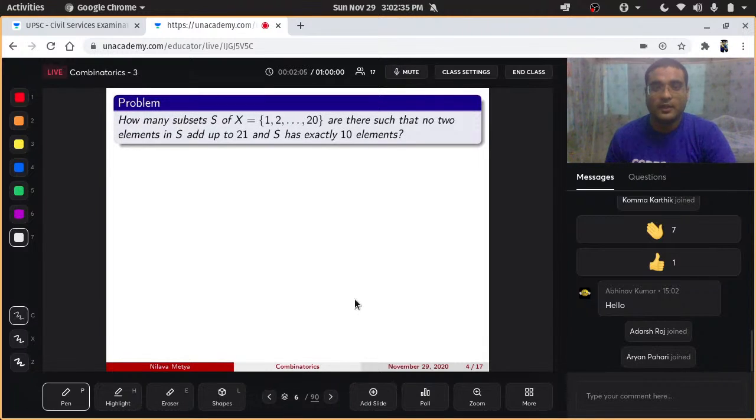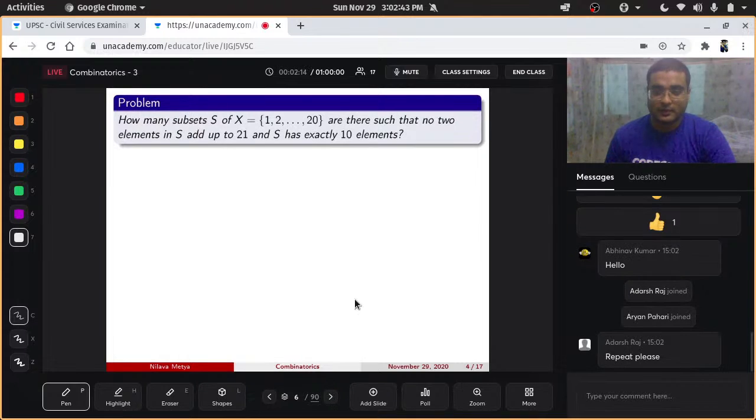So you have the integers from 1 to 20, both included, and you need to pick out 10 numbers, so that out of the numbers you have picked out, no two of them add up to 21. How many ways can you do this?